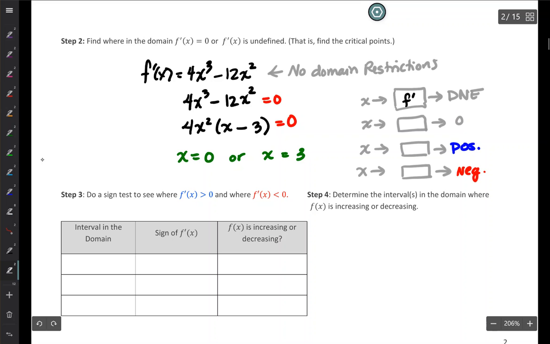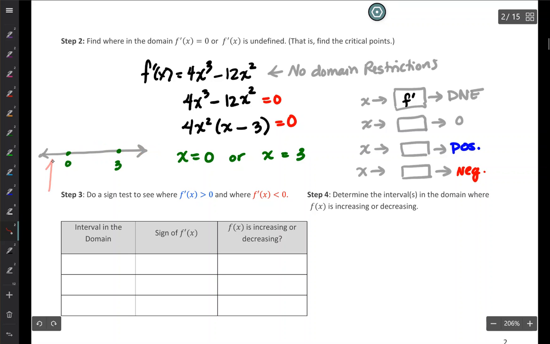All right, so that's what we mean by finding the places where the derivative is 0 or undefined. In this case at x equals 0, and at x equals 3, we've now partitioned the domain into these 3 zones: numbers less than 0, numbers between 0 and 3, and numbers greater than 3. And so there's only one of 2 options.